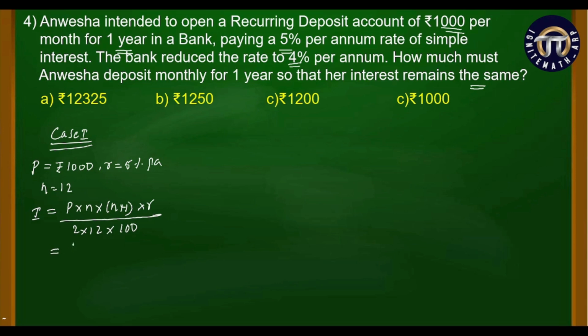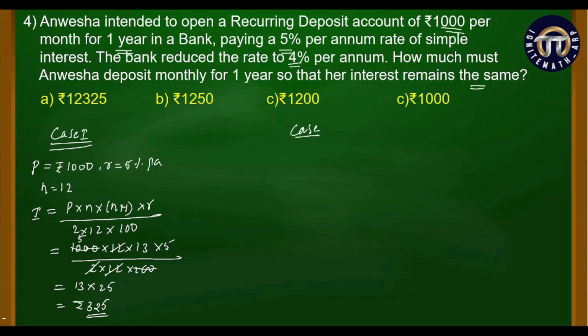So now principal is 1000, n is 12, 12 plus 1 is 13, 5 divided by 2 into 12 into 100. So what happens over here? These 2 zeros will get cancelled, 12 will get cancelled, 2 1s are 2, 2 5s are 10. So I get it as 13 into 25, that is equal to 325. This is the interest that I am getting.